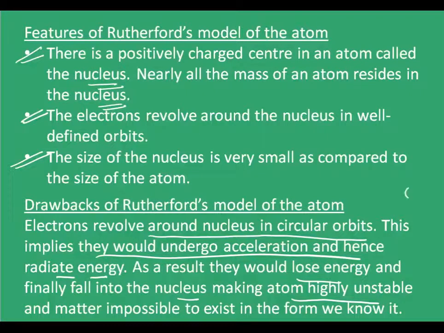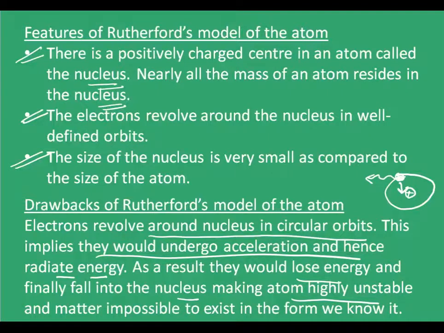That is, we have this nucleus here, it's positively charged, and we have electrons surrounding it, moving in specific orbits. Now when this electron radiates energy, it falls towards the nucleus, and hence it makes matter very unstable, that is, it won't be able to exist.